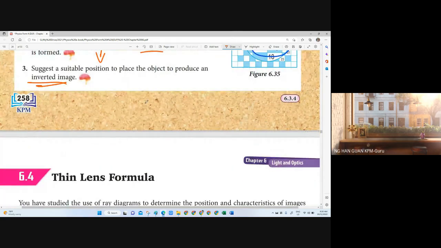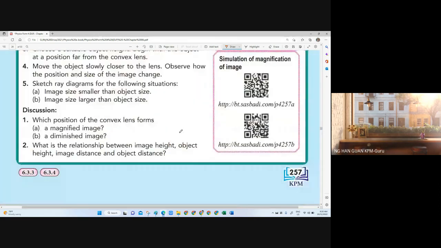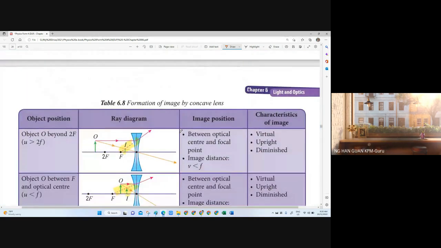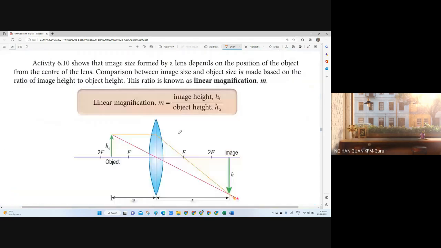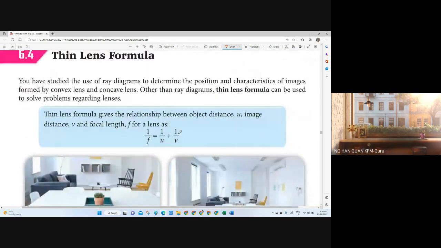Okay, so actually what we learned about the characteristic of the image, the drawing game yesterday, we do have the option of using the lens formula or the lens equation to know the characteristic of the image without drawing.